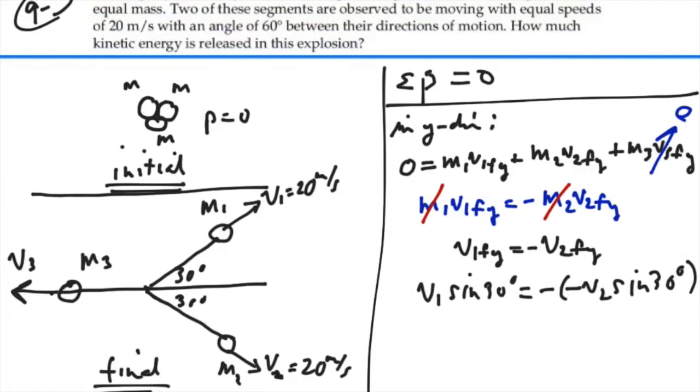Sine 30 degrees cancels out. Negative cancels out. And we basically have, at least in terms of velocities, that v1 equals v2, which is what we were given. So the fact that our net momentum in the y direction is 0 pans out. We probably didn't even have to prove this. Let's look at the x direction though.